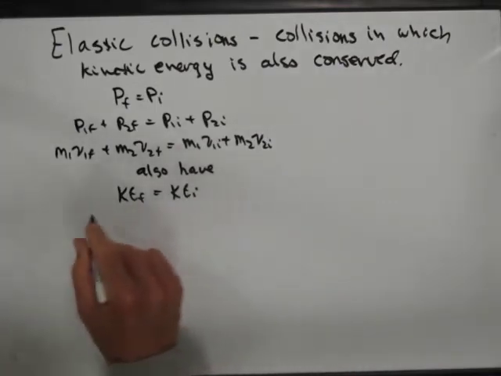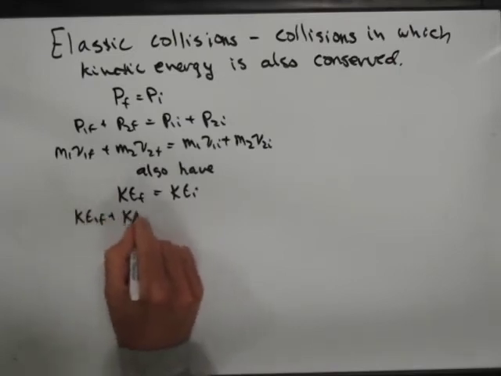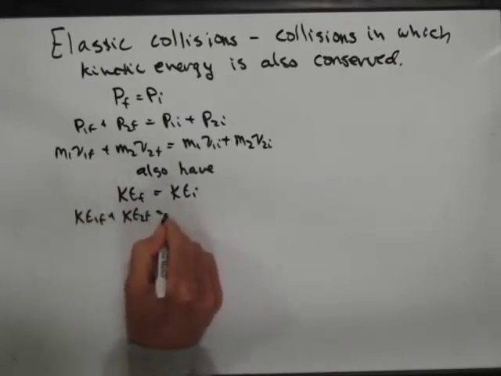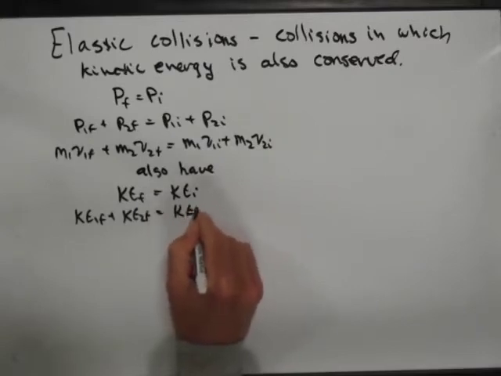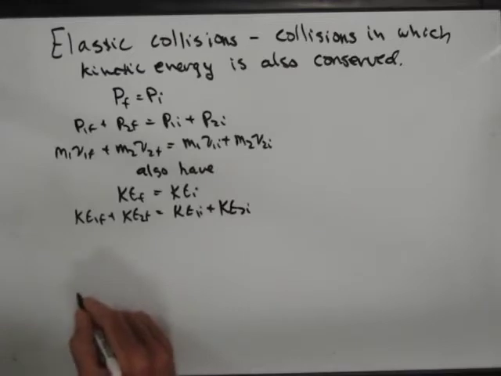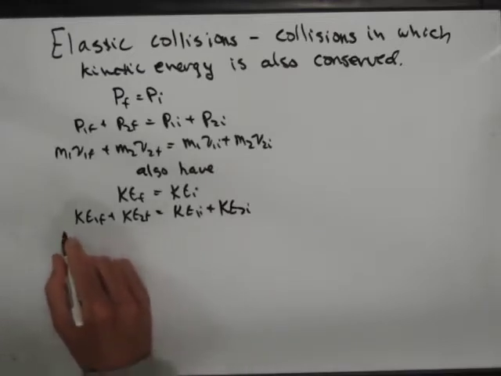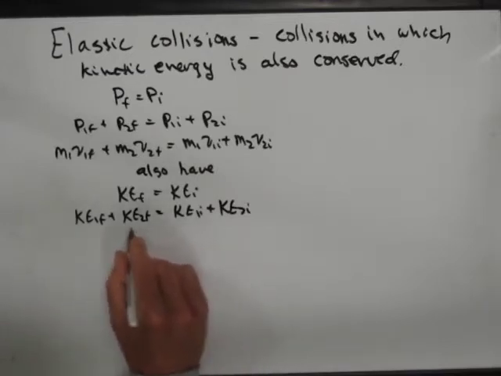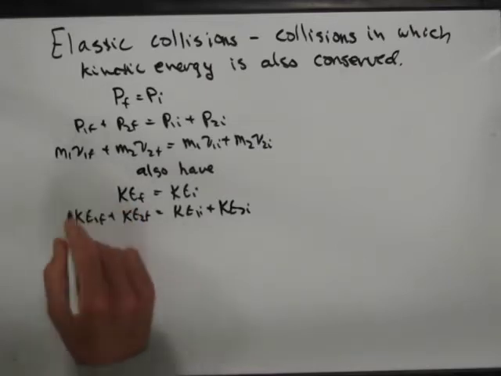And so I can just write this one out, and I can say this is KE1 final plus KE2 final equals KE1 initial plus KE2 initial. I can break these down the way I broke those down.